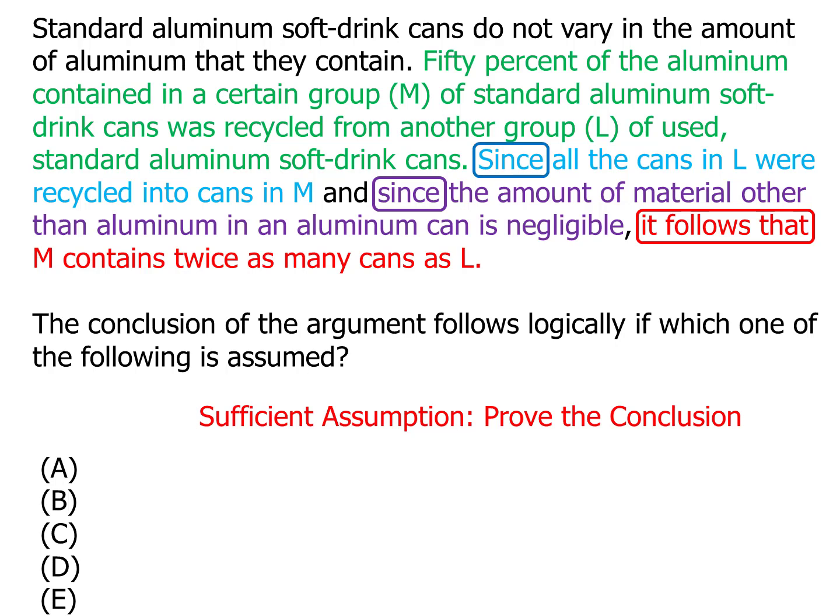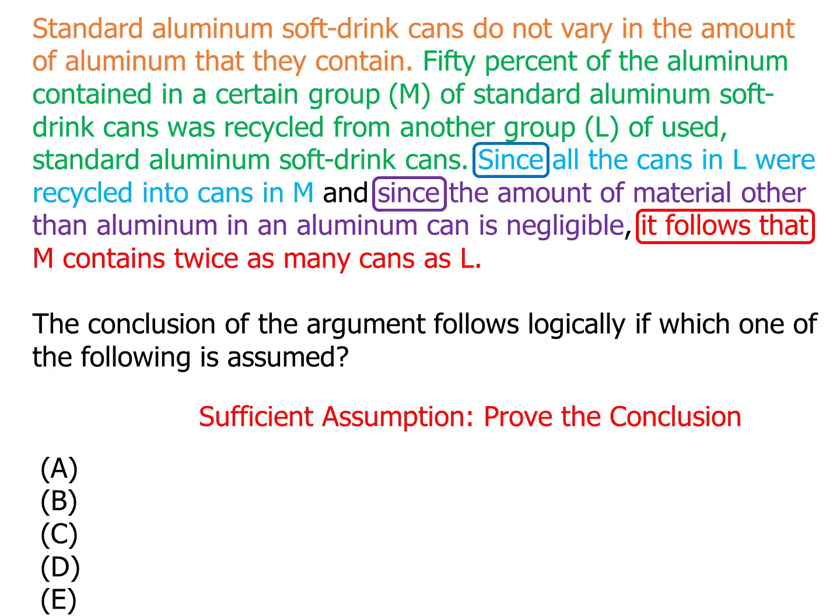You don't need magnesium or tungsten. And then that first sentence, standard aluminum soft drink cans don't vary in the amount of aluminum they contain. So if it takes 30 milligrams of aluminum to make one aluminum can, it doesn't take 50 to make another. Whatever the amount is, it's the same for all the cans.